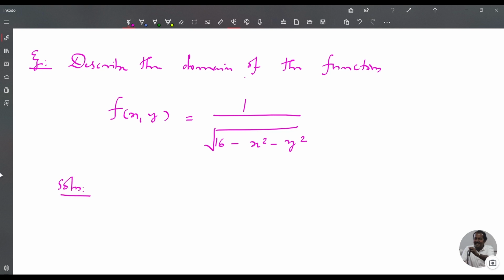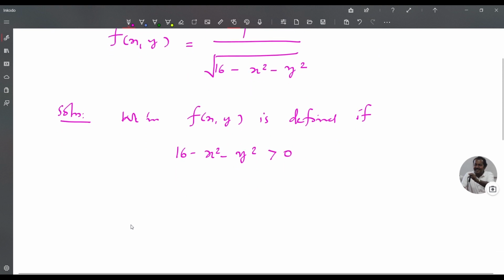we have f of x, y is defined if 16 minus x square minus y square is greater than 0, this implies 16 is greater than x square plus y square, or this implies x square plus y square is less than 16.